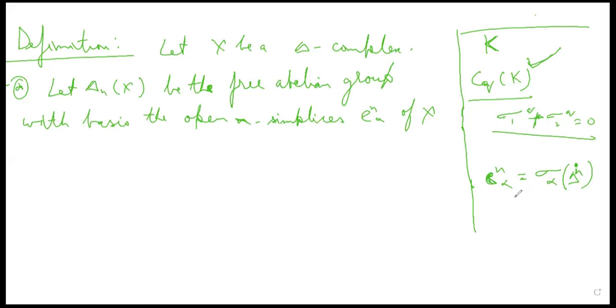So these ones we call open n simplices of X. They are basically subsets of X. They are portions of X. So delta n X is generated by open n simplices E_alpha^n.